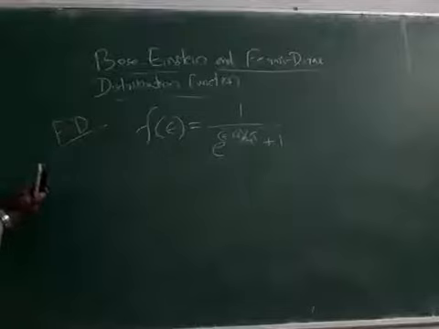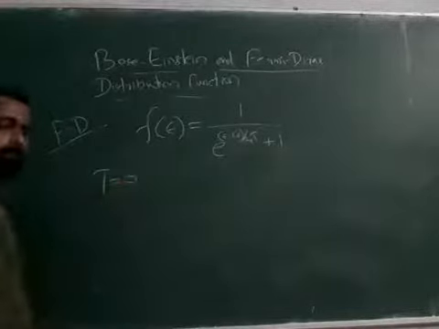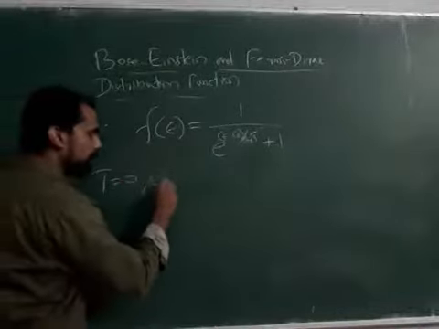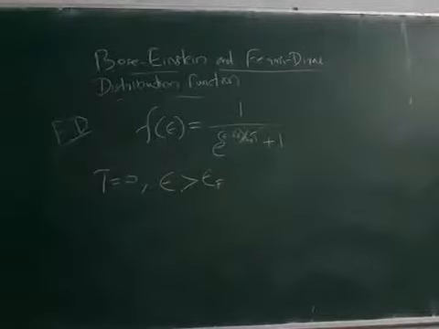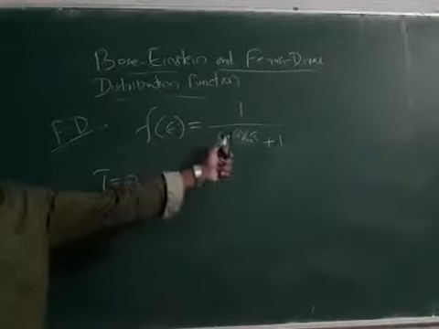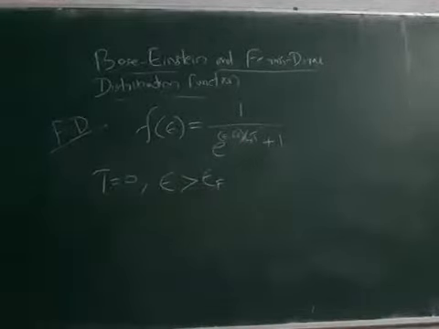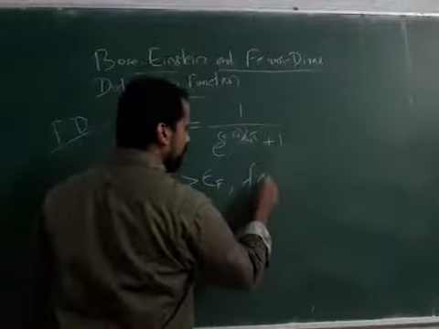Now, at temperature T equal to 0, first we consider epsilon greater than epsilon f. In this situation, what would be the Fermi-Dirac distribution function?